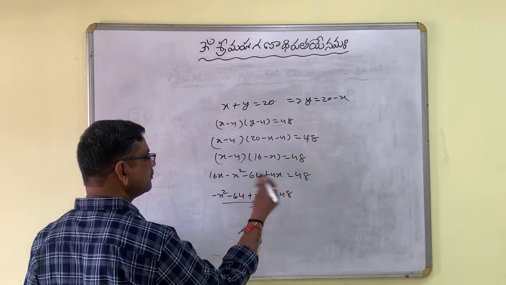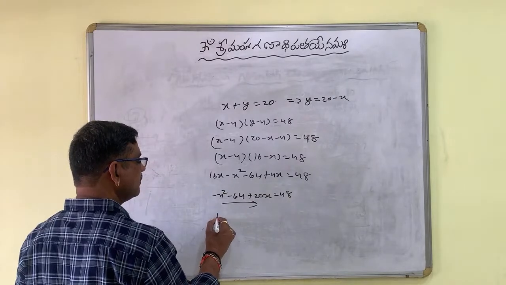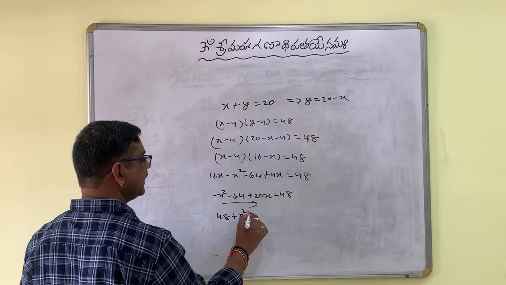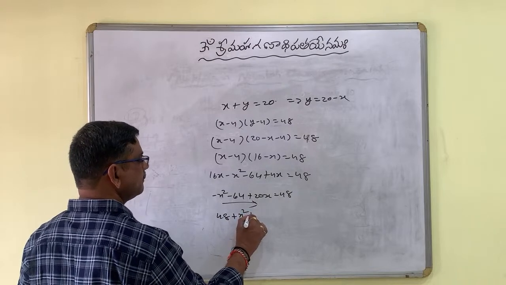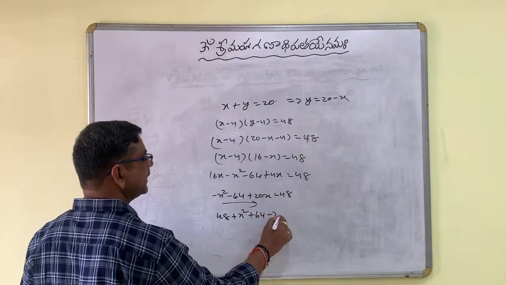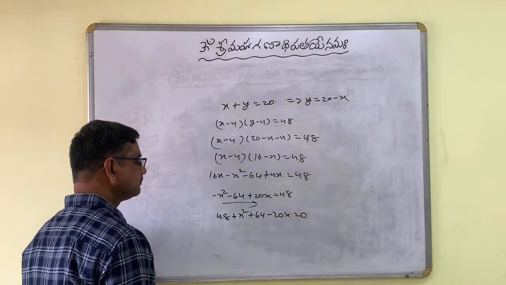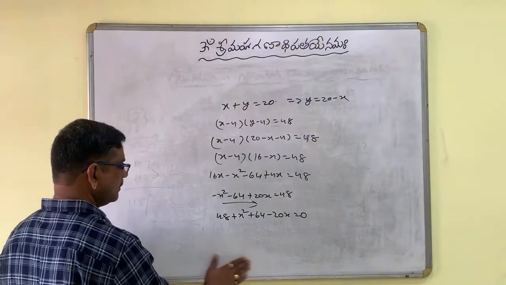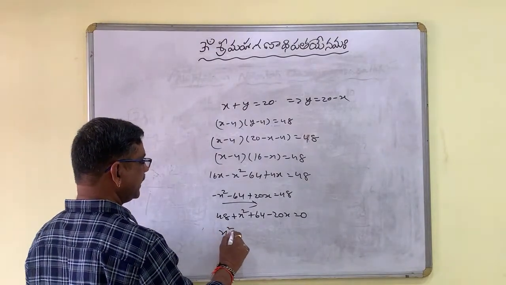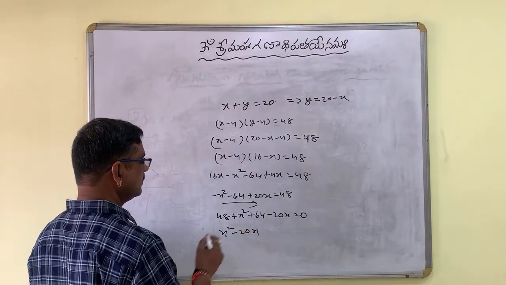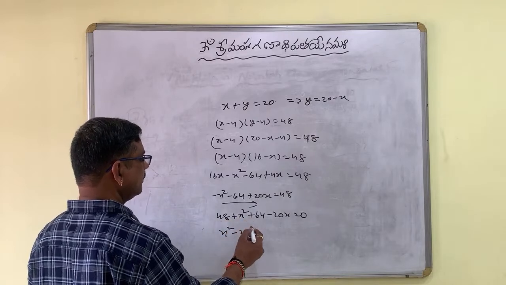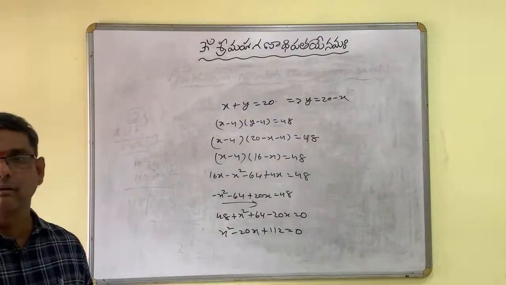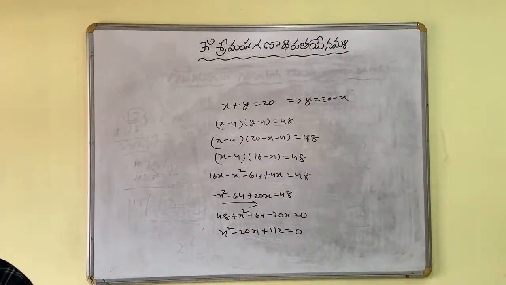Now send these terms to that side. 48 plus x square plus 64 minus 20x is equal to 0. Now when you simplify this, x square minus 20x plus 112. Calculate b square minus 4ac.